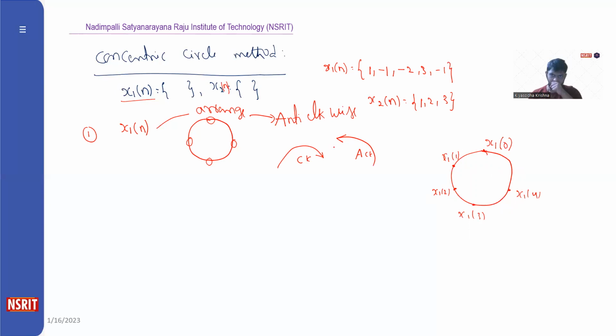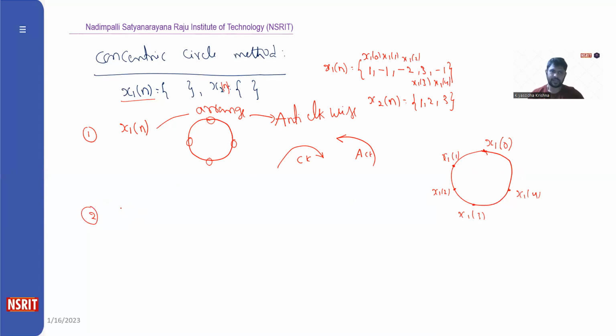Now this is the arrangement of x1 of n. X1 of n arrangement means this is x1 of 0, x1 of 1, x1 of 2, x1 of 3, and x1 of 4. Of course, the first step is to make the circle and arrange in anti-clockwise.